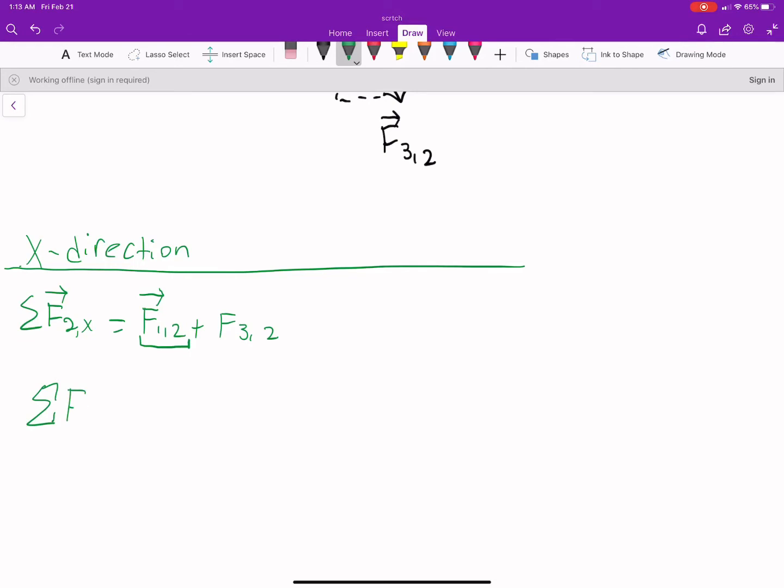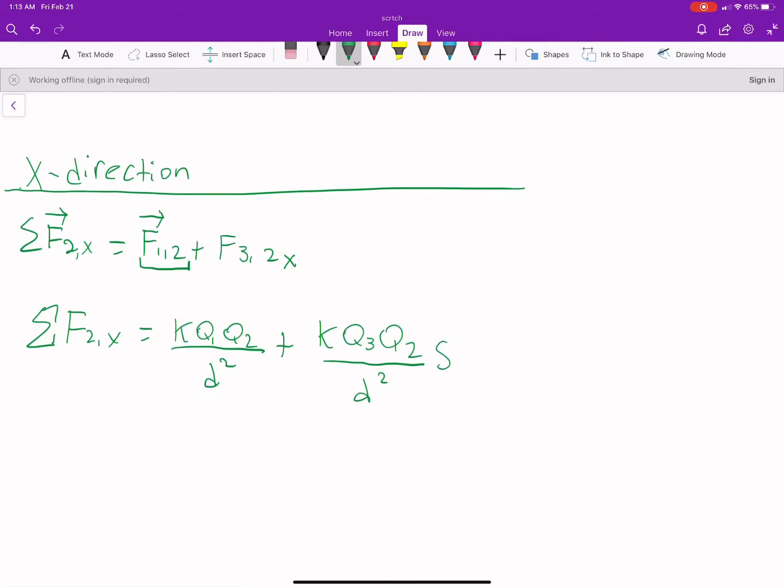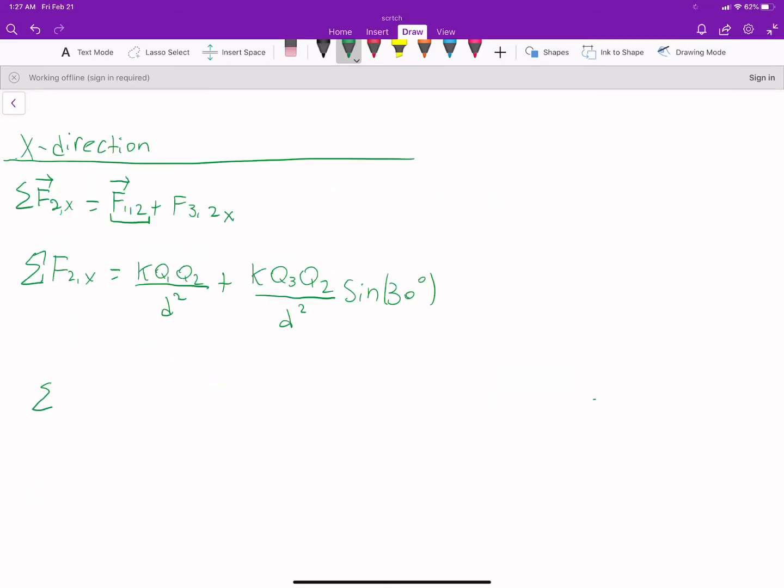I should mention this one has Y components, so we're specifically looking in the X direction. K Q1 Q2 over the distance squared, plus K Q3 Q2 over the distance squared. And we just want the X component, so we're going to be looking at sine of 30 degrees. So this is the sum of all forces on 2 in the X direction.